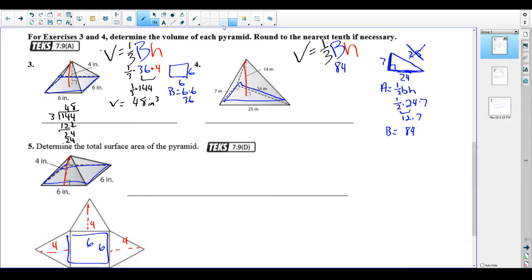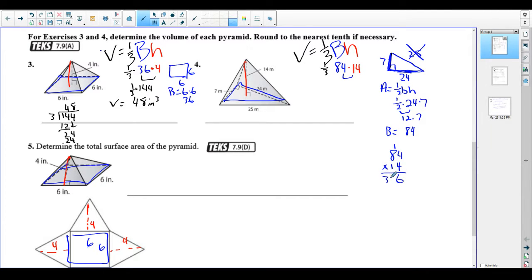So our area of the base, big B, is 84. Okay. Our height is 14. And then we have 1/3. Let me just multiply this out. Neither of those is divisible by 3, so I'm just going to multiply 84 times 14.